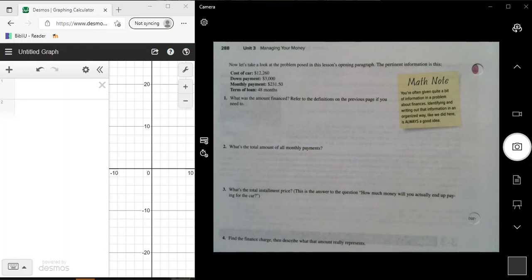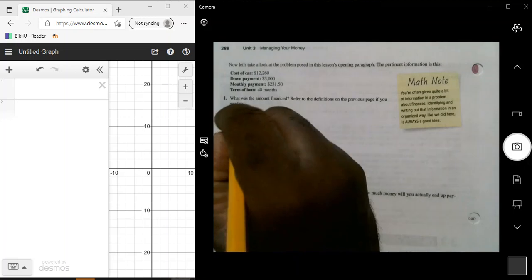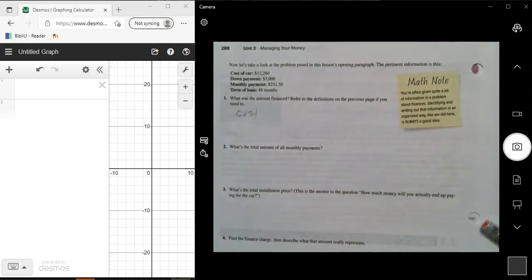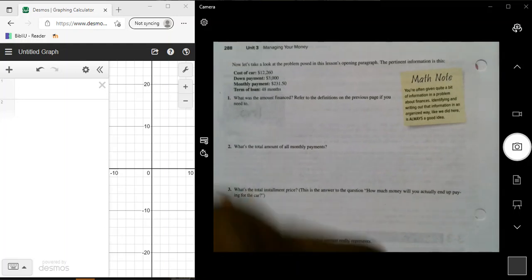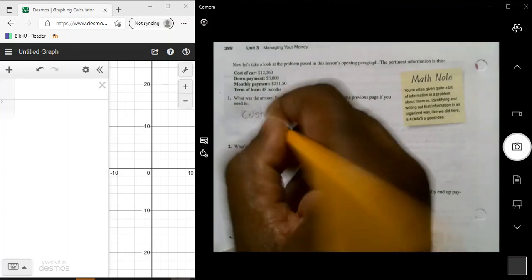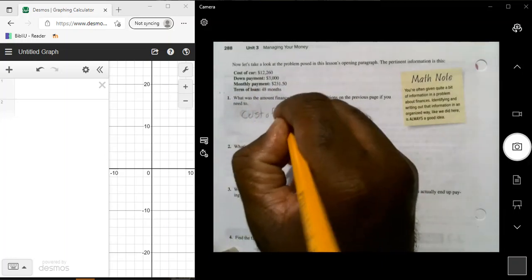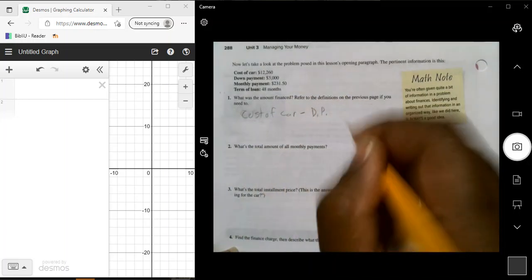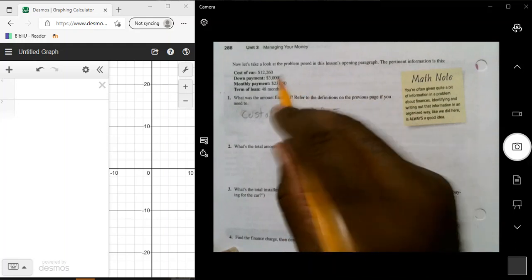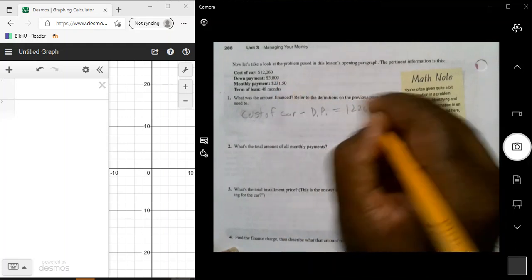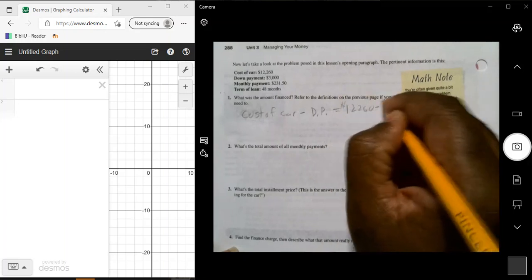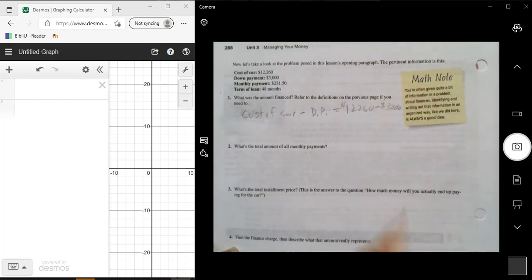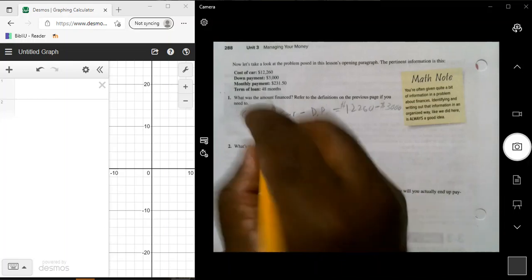Okay, remember, the amount financed is the cost of the car minus the down payment. The cost of the car is $12,260 minus the down payment, which is $3,000.